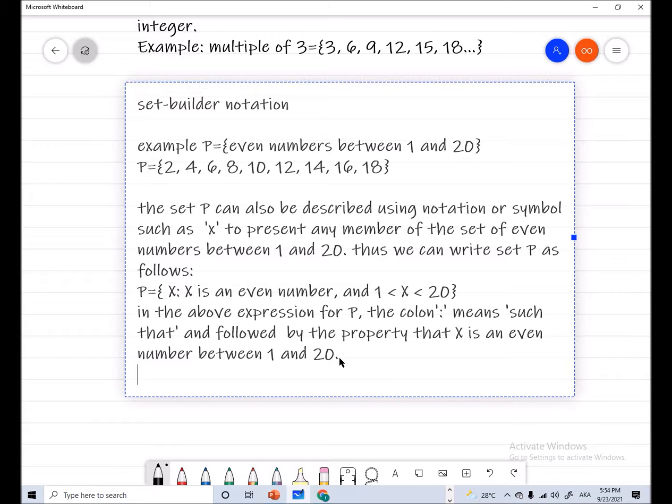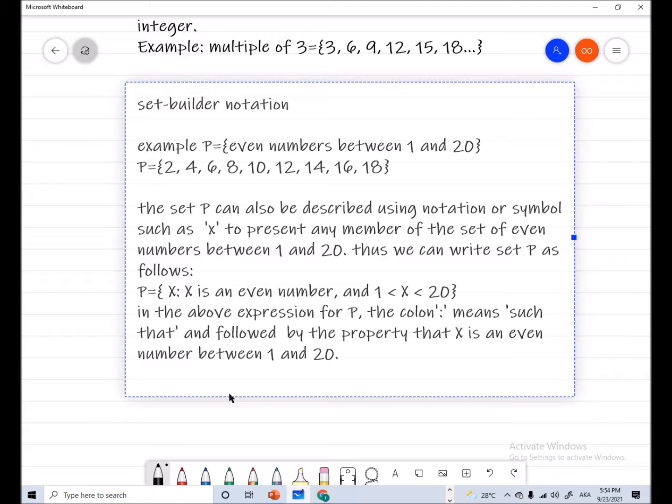Okay, so let's set another example. Write the set Q of integers greater than 100. Can you write it?